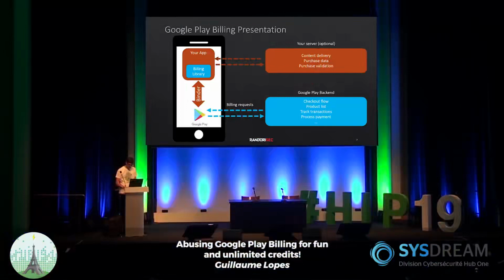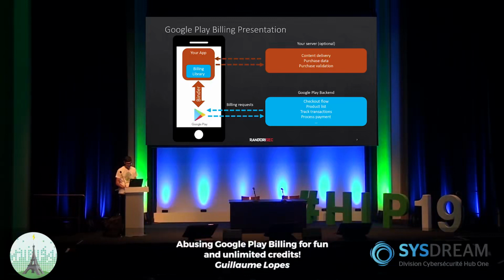So in fact, when you start the in-app payment process, your application is going to send a message to the Google Play app saying, okay, this user wants to buy this specific product. And then the Google Play app is going to send requests to the backend for validating and handling the payment process.